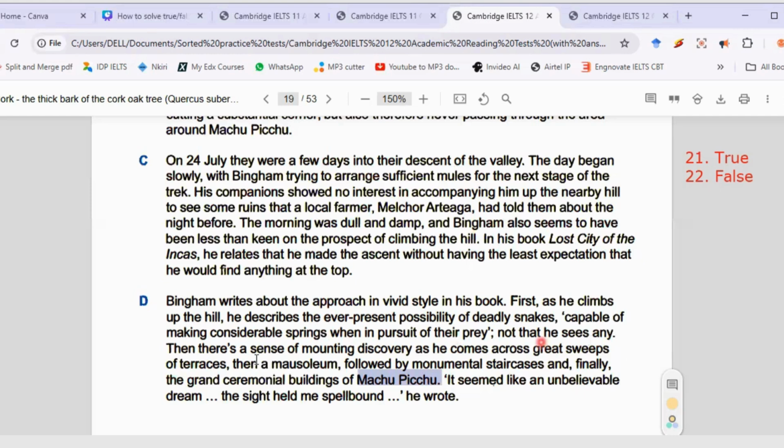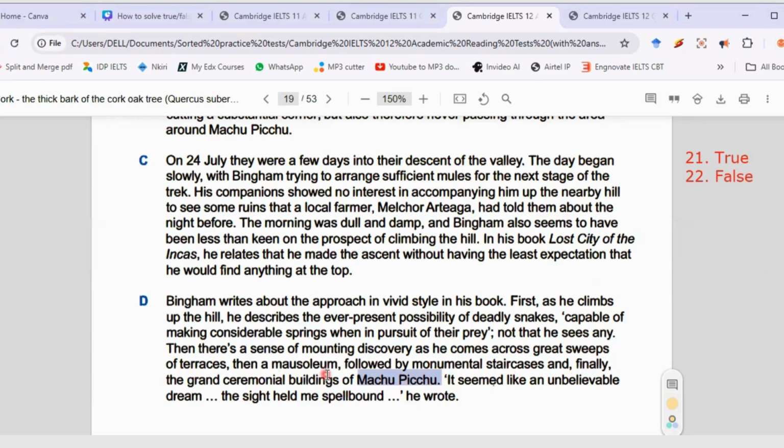Not that he sees any. Then there is a sense of mountain discovery as he comes across great sweeps of terraces, then a mausoleum, followed by monumental staircases, and finally the grand ceremonial buildings of Machu Picchu. It seemed like an unbelievable dream. The sights held me spellbound, he wrote.